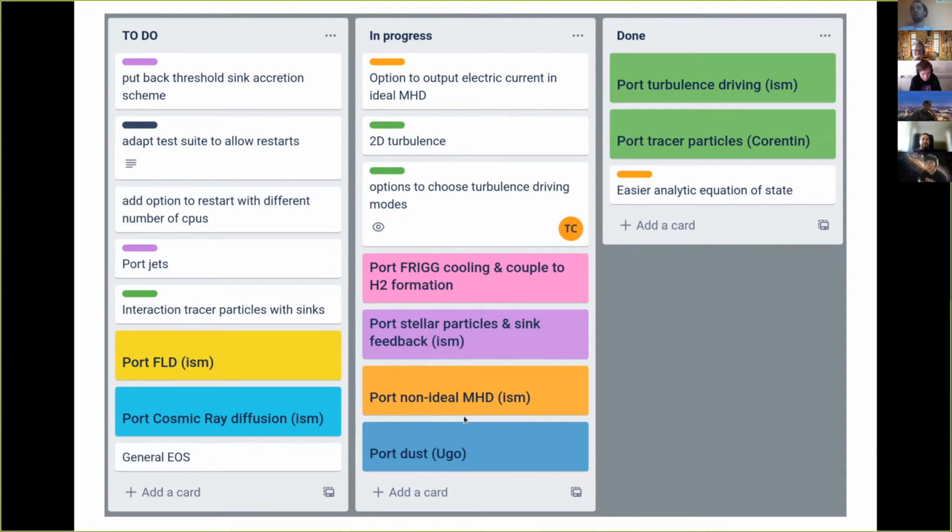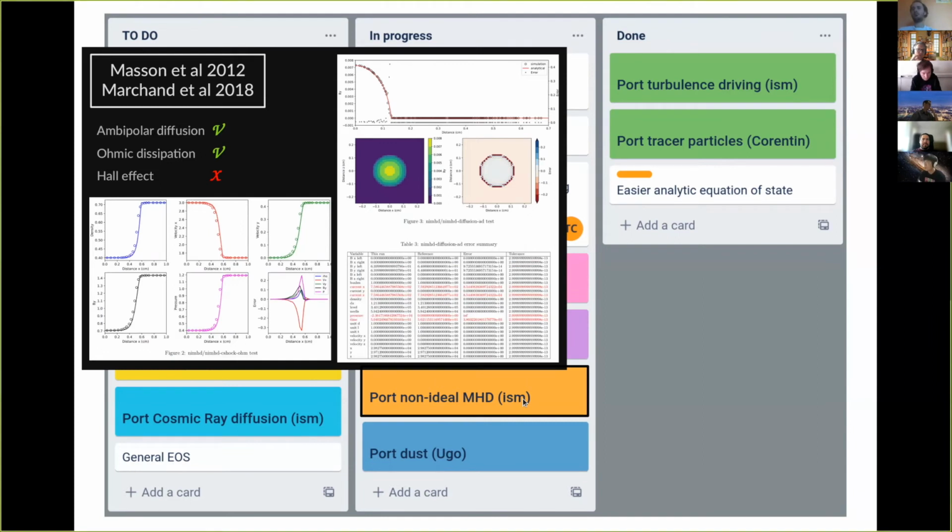I'm working mainly on finishing the merge with non-ideal MHD, which I hope is almost done. So it seems that ambipolar diffusion and ohmic dissipation are working, but the Hall effect is still a little bit broken. So I need to figure out what's going on there.